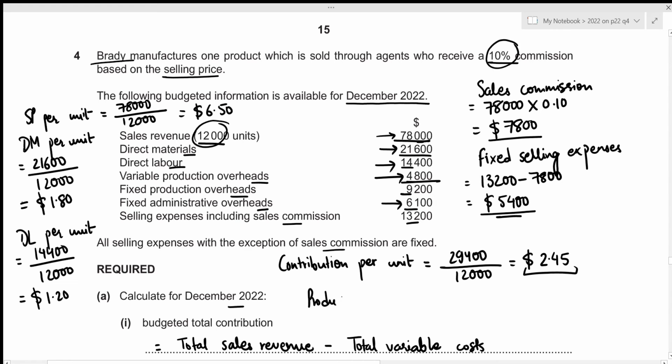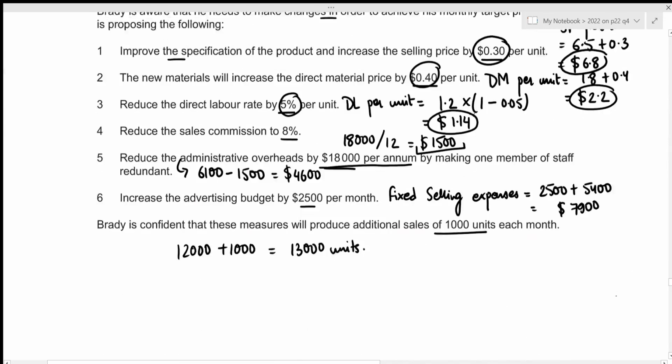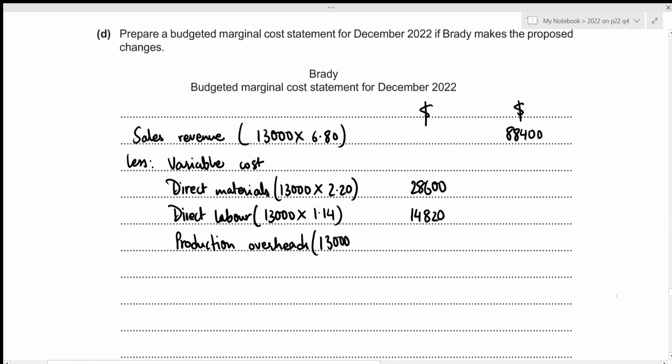Now the production overhead per unit is just going to be the total cost of 4,800 divided by the number of units, which in this case is 12,000, which gives the production overhead per unit to be 0.4. We'll just substitute this rate into our statement. That's going to be times 0.40, which results in our total production overheads to have the value of 5,200.